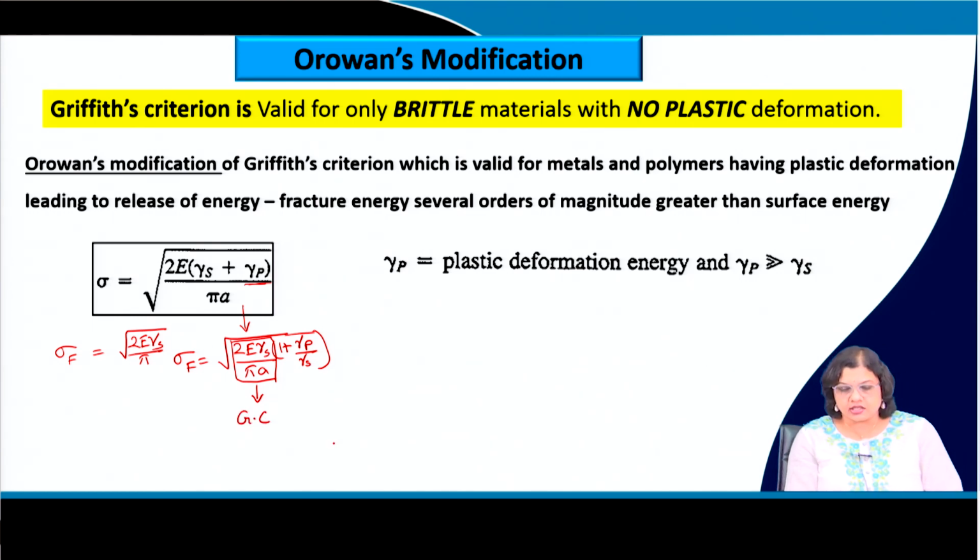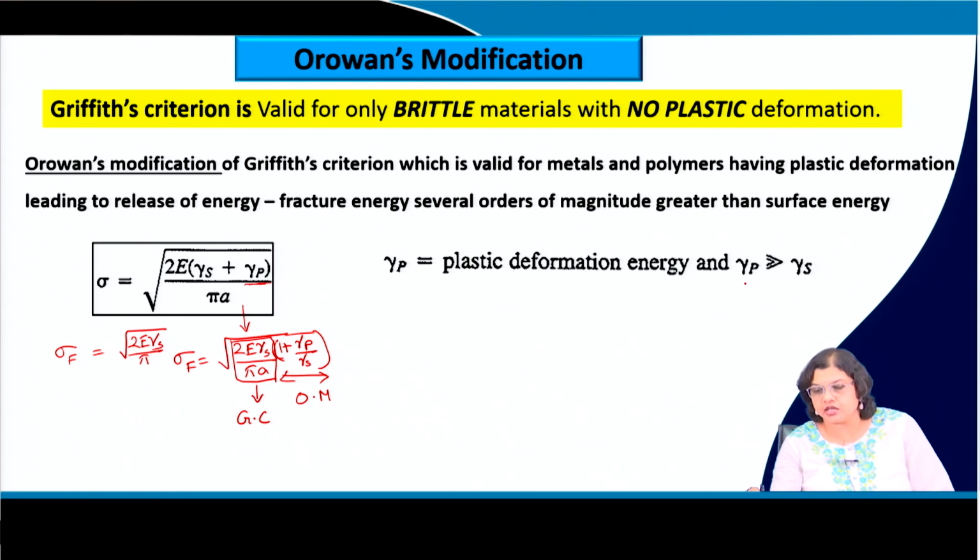So, we have another factor, 1 plus gamma p by gamma s, which is the modification done by Orowan. But we also know that gamma p is typically much larger than gamma s.